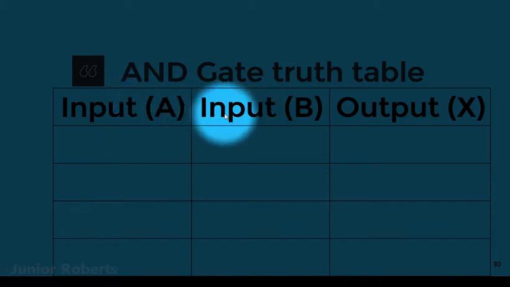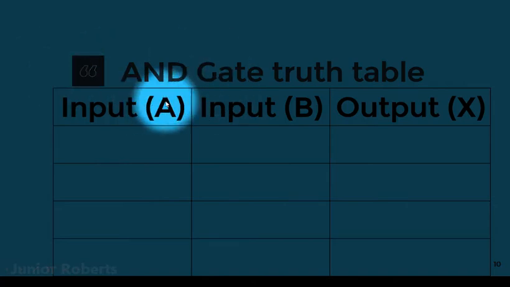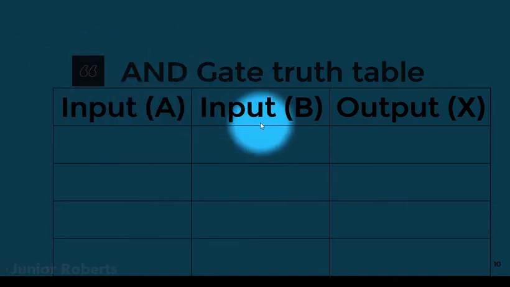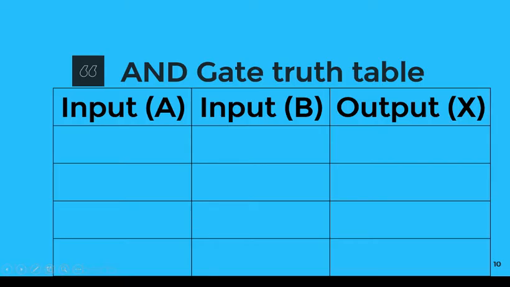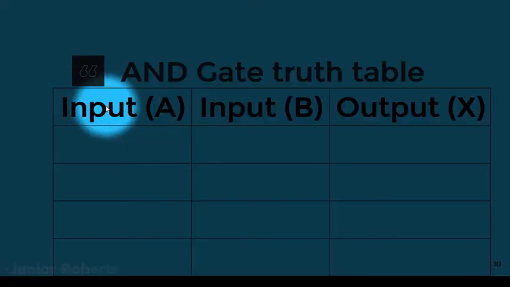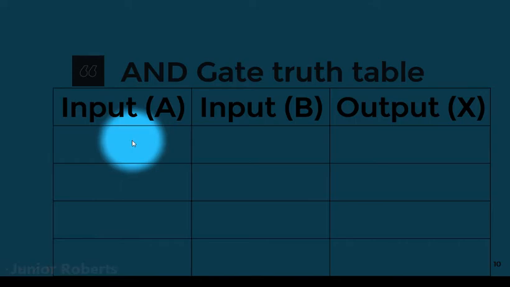In filling out the truth table, we're going to start with our least significant bit, input B. We're going to start with a 0 and then alternate our bits. So we'll start with a logical value of 0, then invert in the next row to a 1, and so on. In our most significant bit, input A, we're going to alternate every 2 bits.